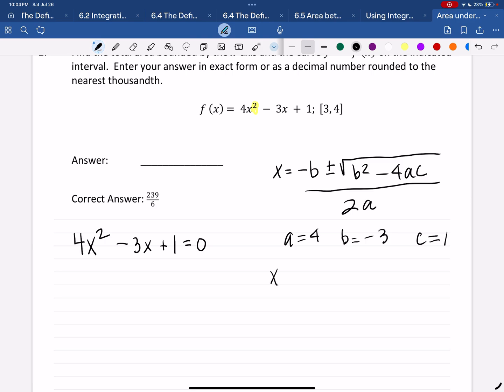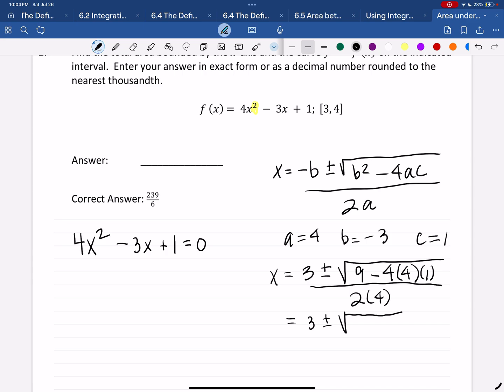So x is the opposite of negative 3, which is 3, plus and minus the square root. Negative 3 squared is 9, minus 4 times 1, over 2 times 4. So that's 3 plus or minus the square root of 9 minus 16. That's a negative 7 over 8.